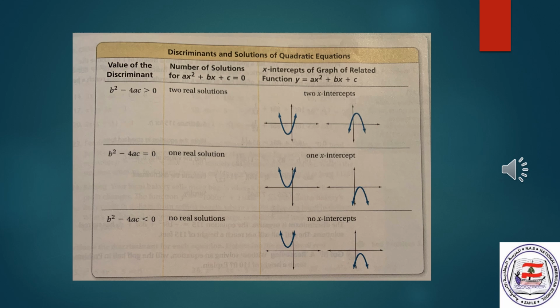When the discriminant is equal to 0, by calculation, we can get one real solution, we mean one real value of x, and by graphing the curve, we can get 1 point of intersection with the x-axis as shown in the table. When the discriminant is negative, the equation admits no real solution and the curve is either below or above the x-axis.